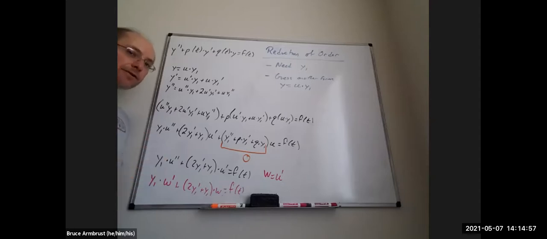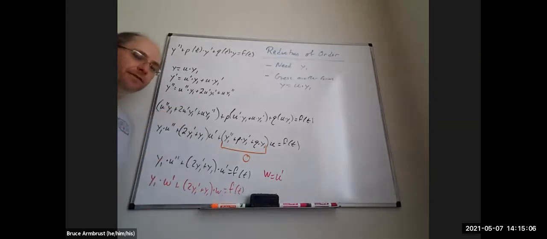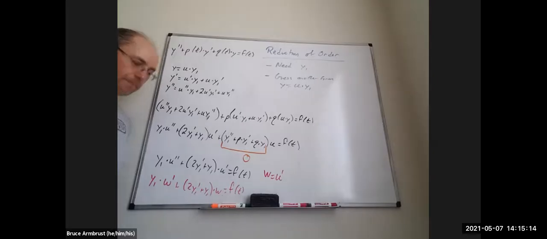And linear first order means we know how to solve it. You know how to solve every linear first order. We've got a process for that. And that's what we were able to do here.